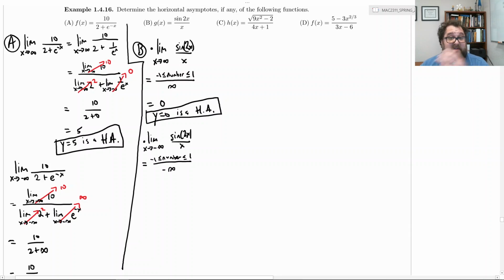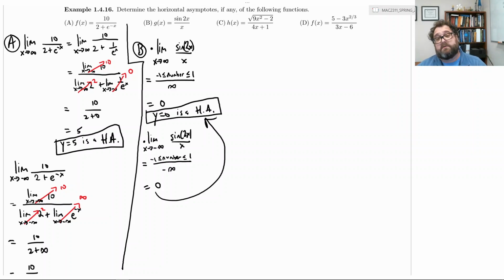Well, if you take basically a constant, some number between negative 1 and positive 1, and divide by negative 1 million, negative 10 million, negative 100 million, it's going to 0. So again, this tells us that y equals 0 is a horizontal asymptote. We already knew that. So in this case, we have one horizontal asymptote, which was one of our options. You can have 2, 1, or 0 horizontal asymptotes.